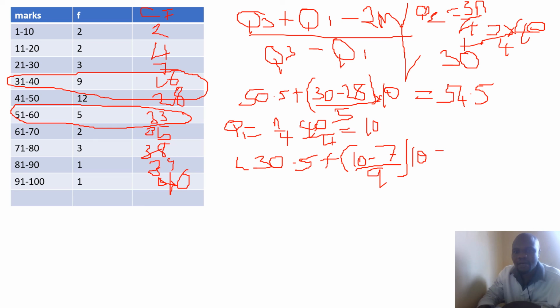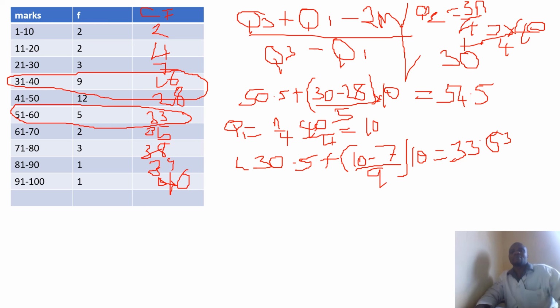And if you work out these, you are supposed to get this one as 33, because it is lying here. So this one you're going to get it as 33.83.